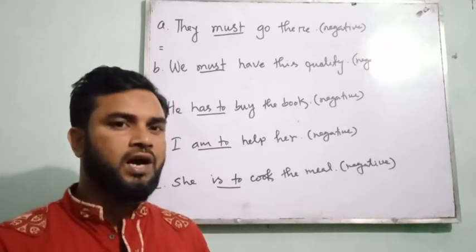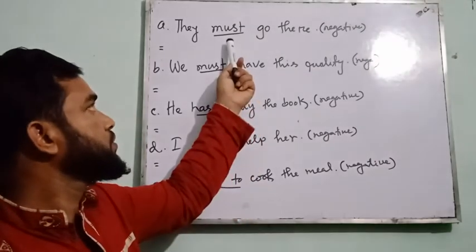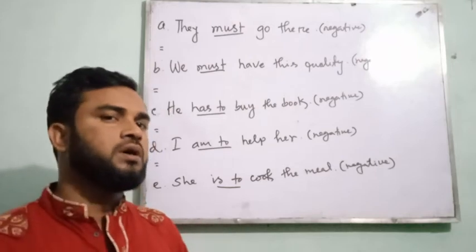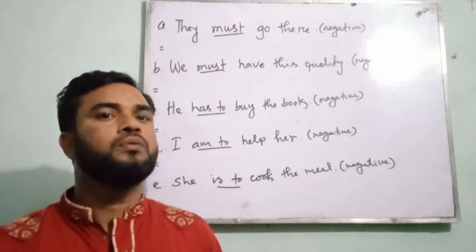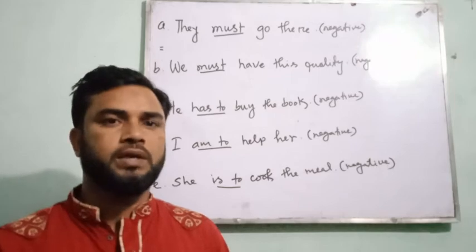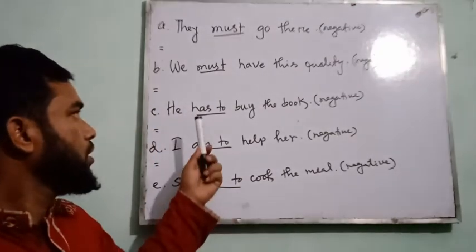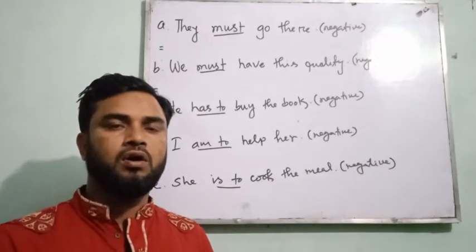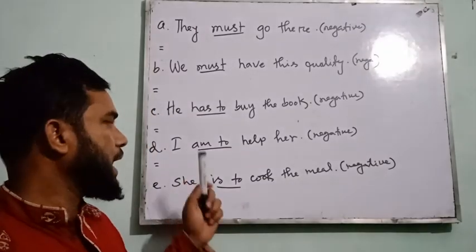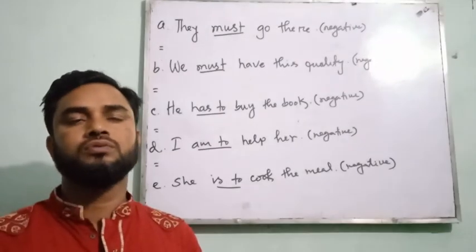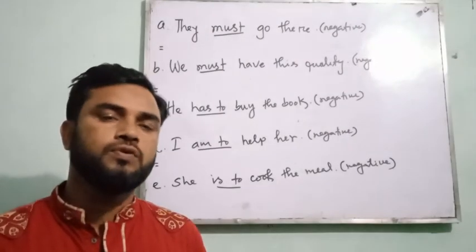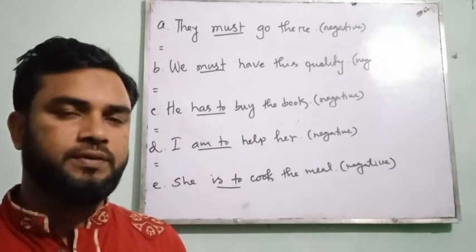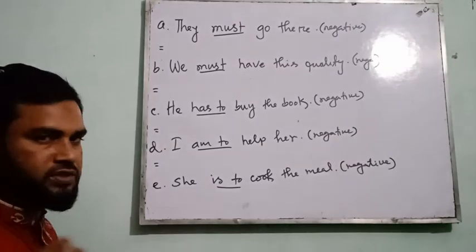So if we want to make this sentence into a negative one while keeping the meaning unchanged, we have to replace the word must with cannot but. The word has to also expresses the same meaning, and am to, is to, are to also infer the same meaning.